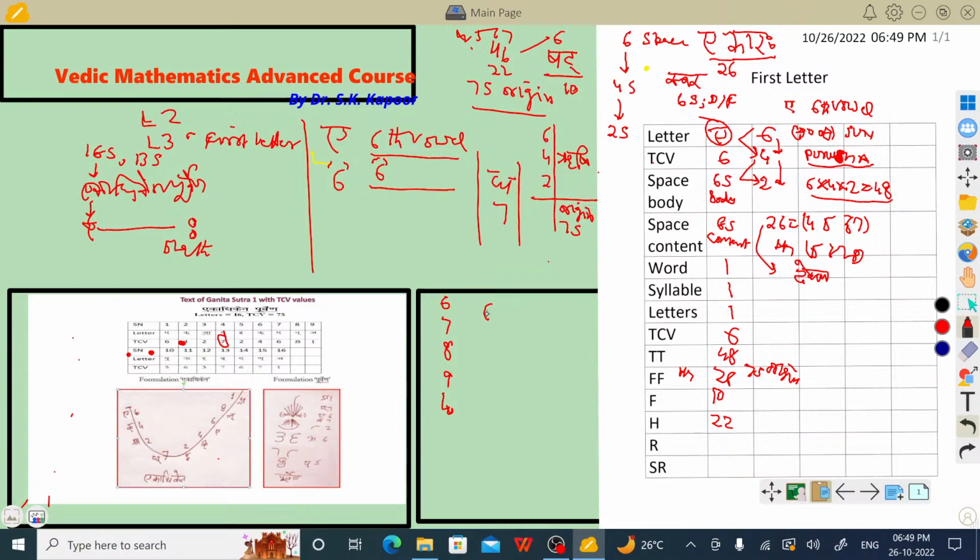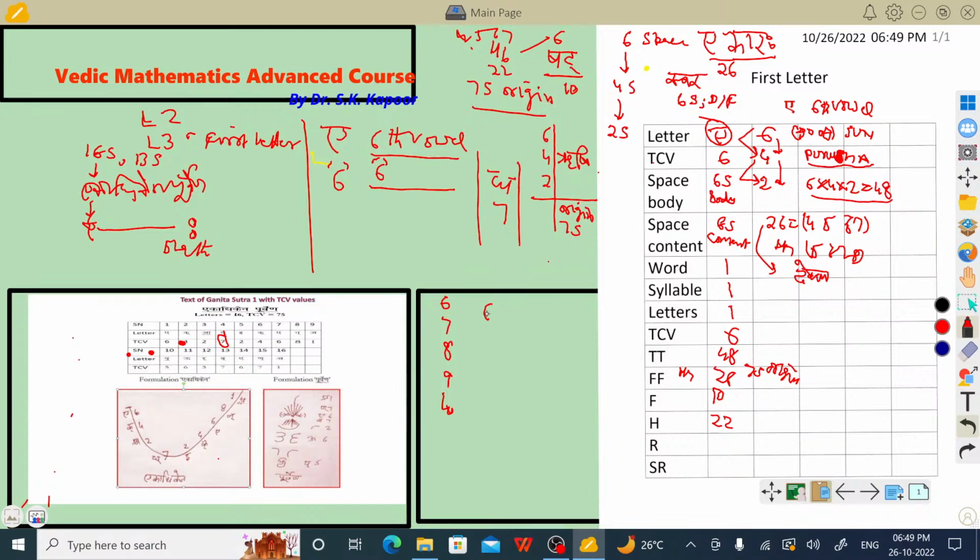This I am just indicating to point out that each letter of Devanagari alphabet carries along with it all these features.